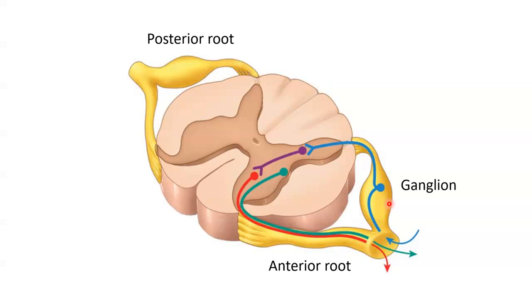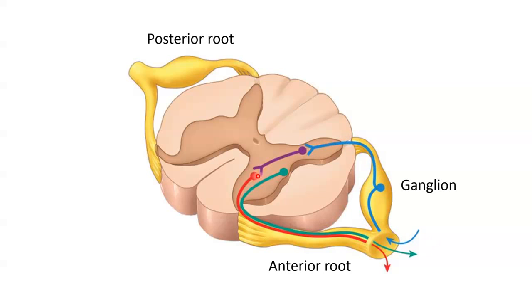So you should always be able to identify the sensory nerve and the posterior root, because it will have this ganglion sitting just next to the spinal cord. The posterior root carries our sensory information from our receptors into the spinal cord.